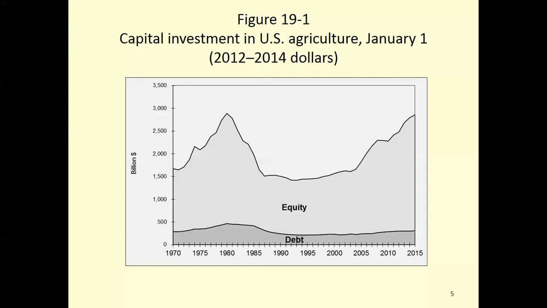You can see from 1970 up until the 80s, we had a rapid increase in investment per agriculture, because back in the mid 70s, agriculture had a boom like it did about 10 years ago. Things peaked about 1981, and things peaked again in about 2015.